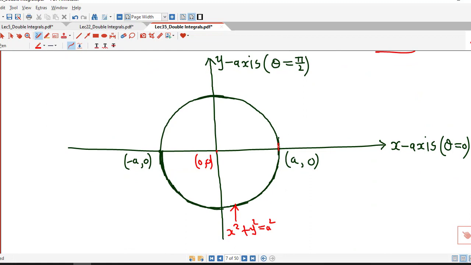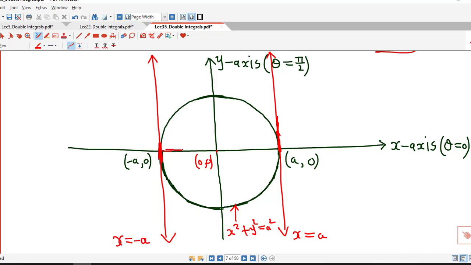The line x equal to a is the line parallel to the y-axis passing through this point (a, 0), and it will go parallel to the y-axis. And x equal to minus a is the line intersecting the circle at this point. So we can extend vertically on both sides. So this is the vertical line x equal to minus a.